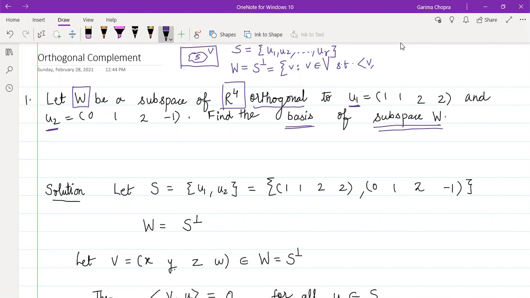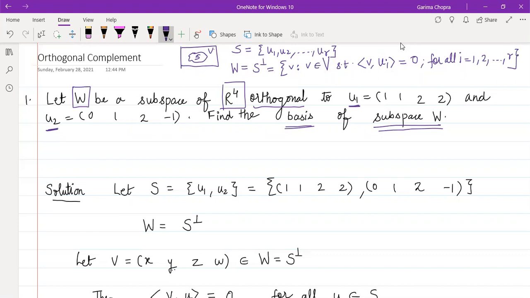Means the inner product of this vector v of the orthogonal complement with all the vectors, with all the Ui's of the subset S, will be 0. Because if we are saying the vectors are orthogonal, it means their inner product is 0. And this is true for all i from 1 to r.